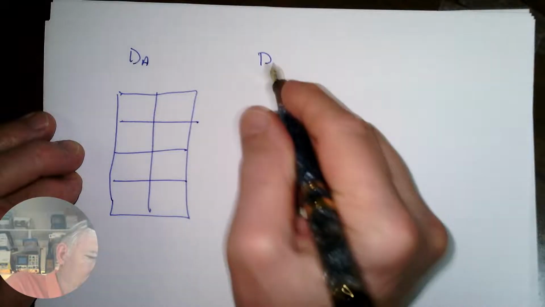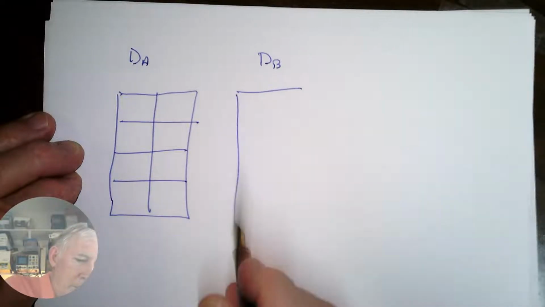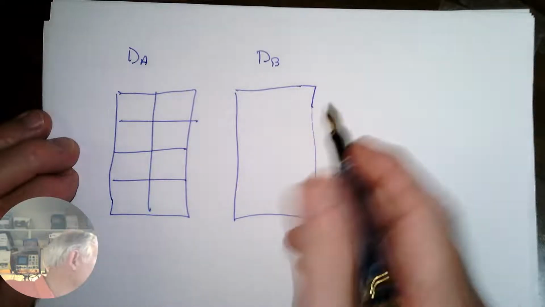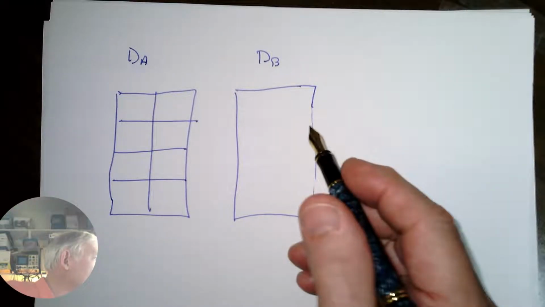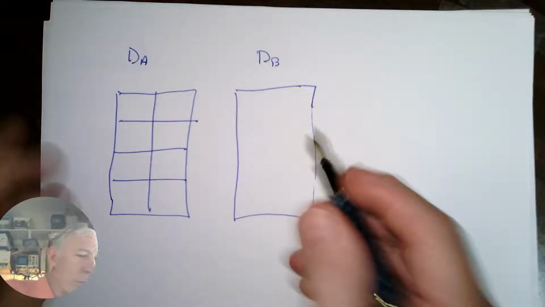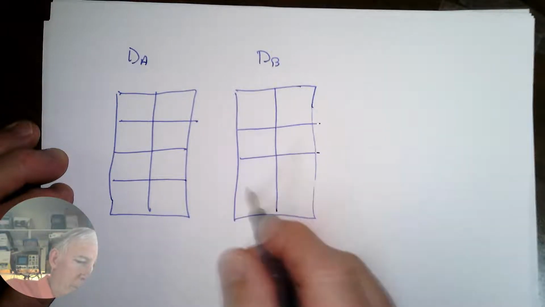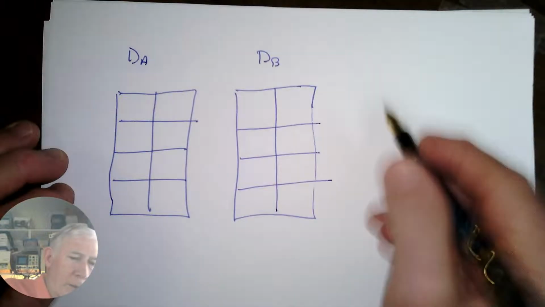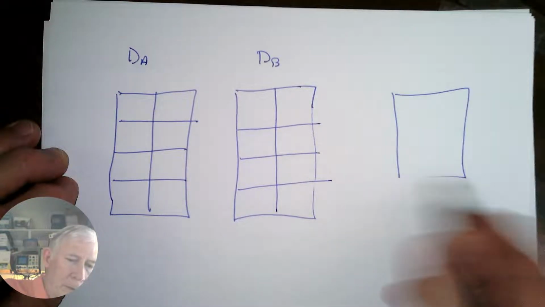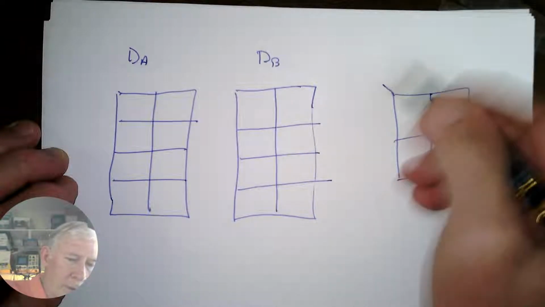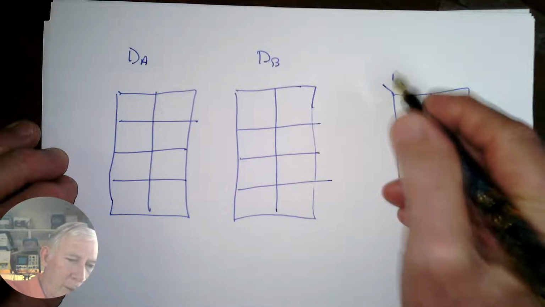We have the DB map. And oh yeah, I see what we did wrong. There's something a little bit wrong, but we'll figure it out. And then we have this map. All right, and this is Z, and this is AB.